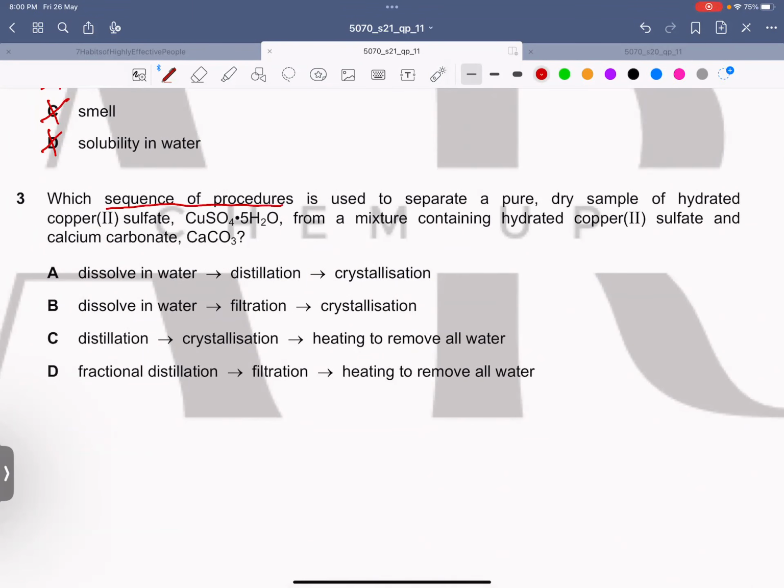Now question number 3. Which sequence of procedures is used to separate a pure dry sample of hydrated copper sulfate from a mixture containing hydrated copper sulfate and calcium carbonate?